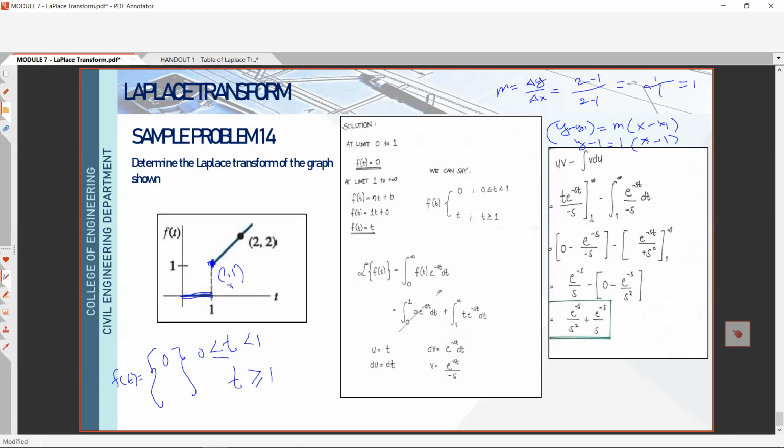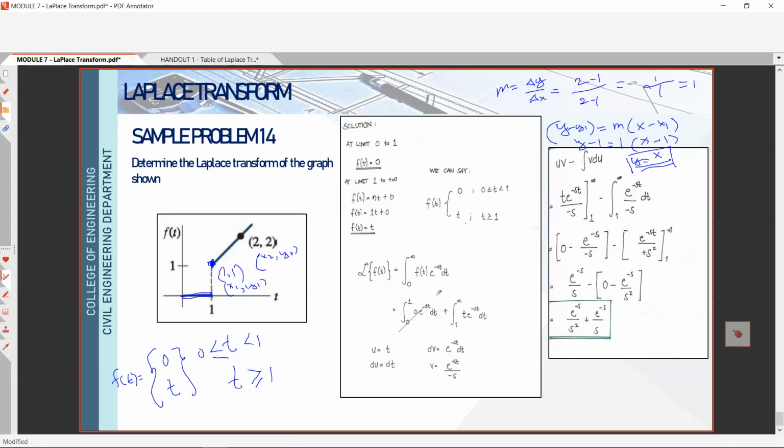This is x sub 1, y sub 1, and this is x sub 2, y sub 2. Simplifying, y equals x, since transposing negative 1 and positive 1 cancels. So our function is y equals x. Since it is in terms of t, f of t equals t. That is your solution here.